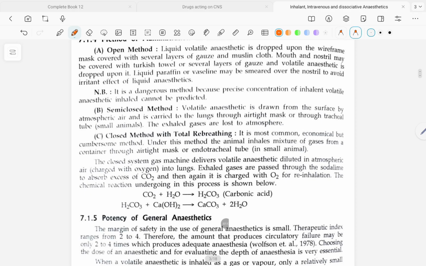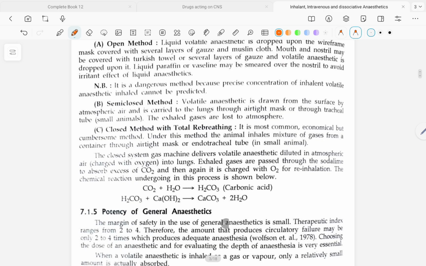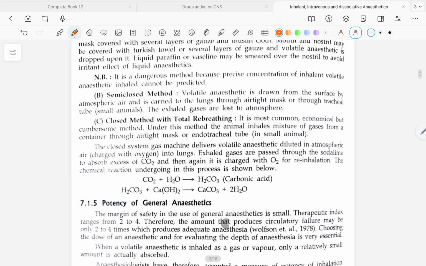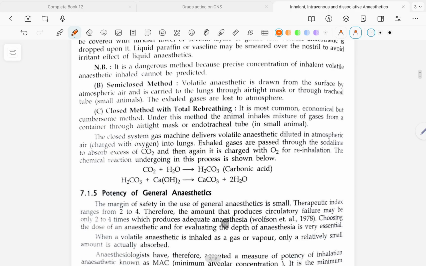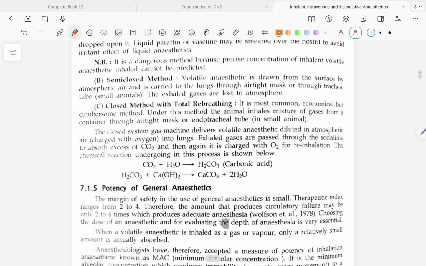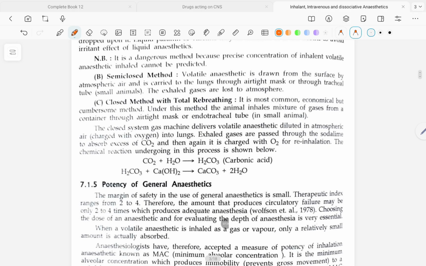Liquid paraffin or Vaseline may be smeared over the nostril to avoid the irritant effect of liquid anesthetics. It is a dangerous method because the precise concentration of inhalant volatile anesthetic cannot be predicted.